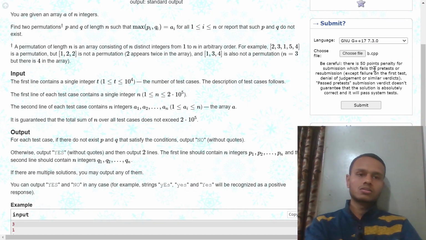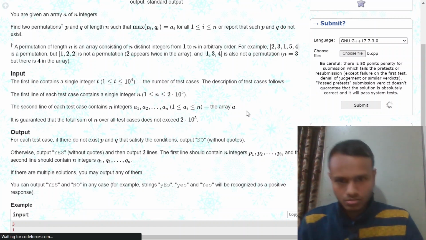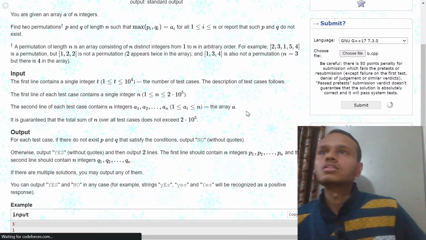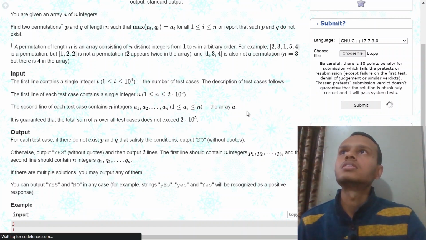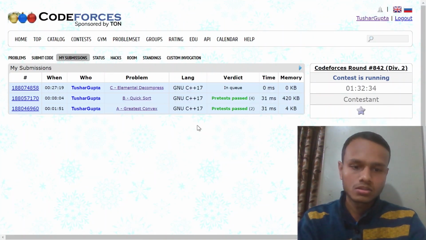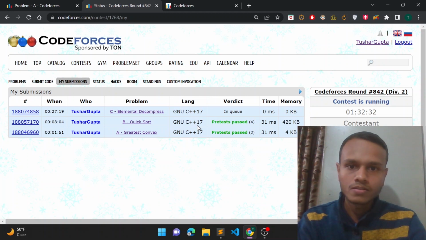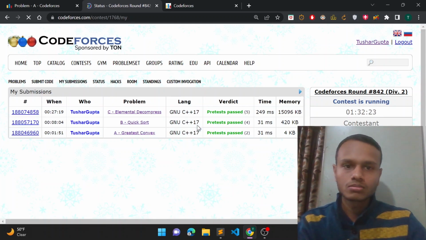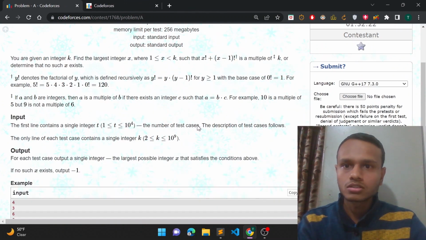Or no, let's submit it. Because the smaller element could be required in the single ones as well. If I am thinking of using the single ones in the twice ones, I don't know. Yeah, it works.